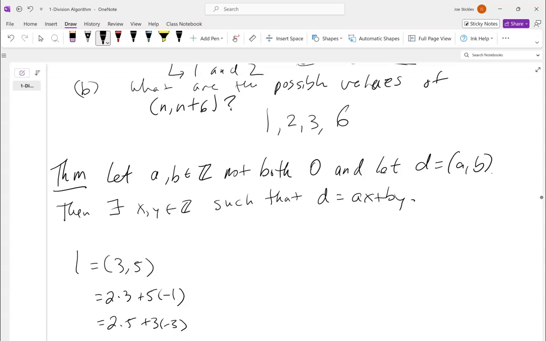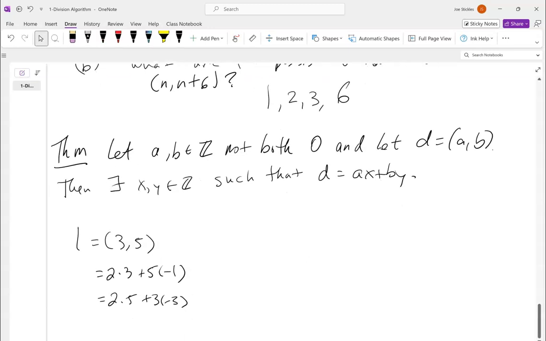But I'll tell you the idea of how we would do this: you would let S be the set of all possible linear combinations of A and B that are positive.